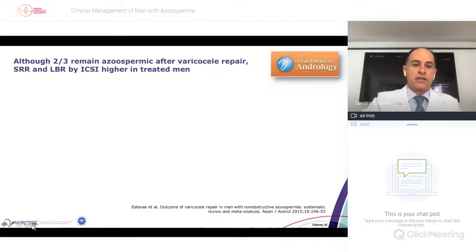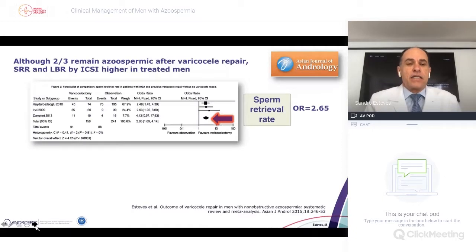Well, the patient with Sertoli cell only, as I told you before, can still have residual foci of spermatogenesis, but the chance of having rescue after varicocele repair is much lower compared with patients with hypospermatogenesis and maturation arrest.